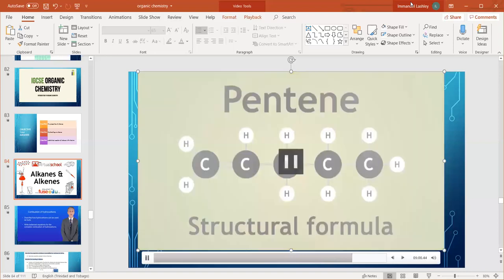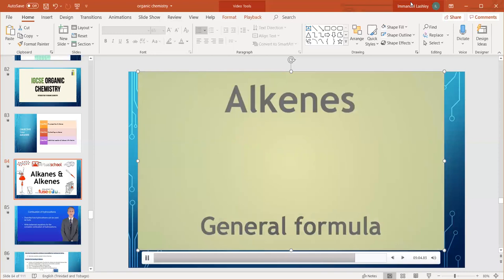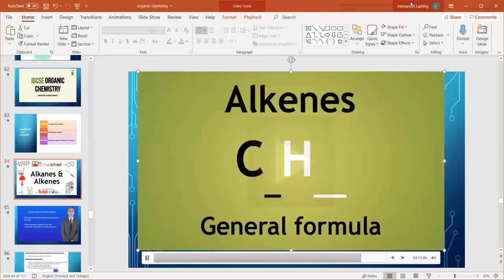Pause the video again and try to complete the general formula. What is the relationship between the number of carbons and the number of hydrogens? Hopefully you got the structure CnH2n. Quite simply, there is double the number of hydrogens than the number of carbons.